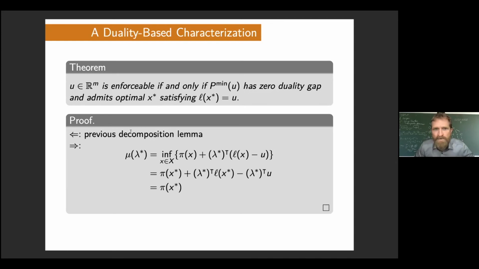For the necessity, we can write down the dual, decompose, and then use that this term just vanishes by the property that this inequality is tight. Okay, now we have here necessary and sufficient conditions. So this is more or less a complete answer to the question when U is enforceable.